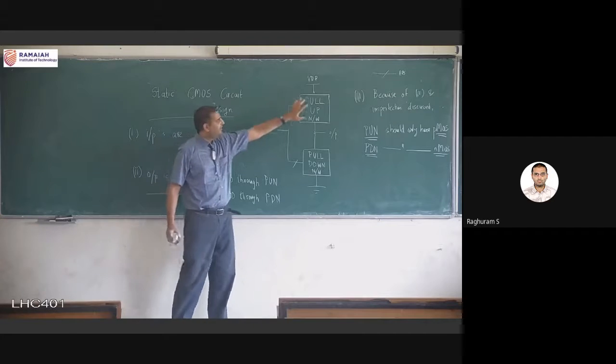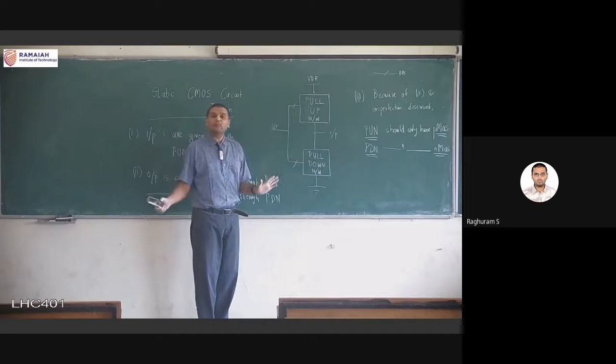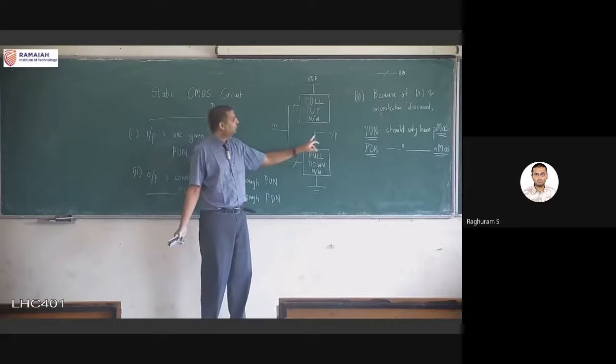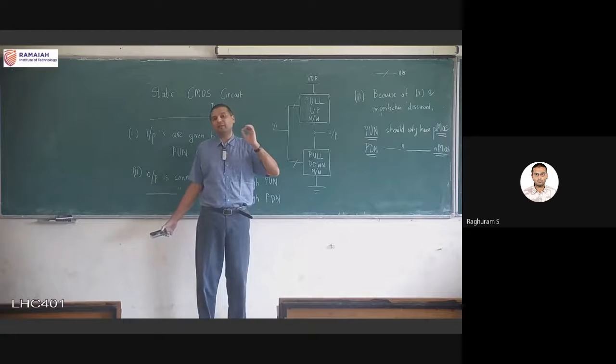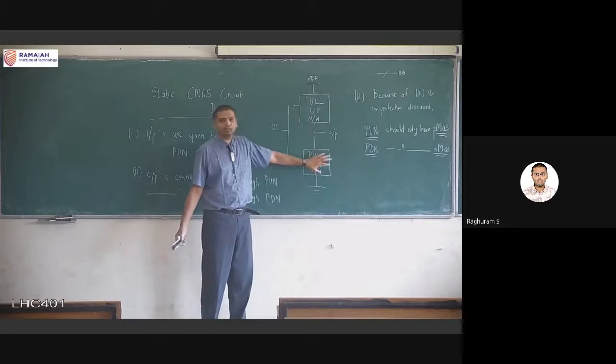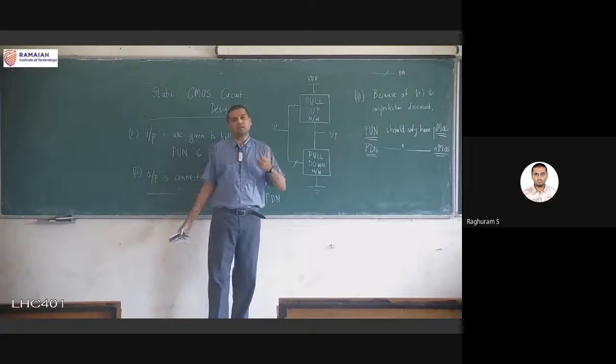But every transistor inside this has to be only a PMOS transistor, because anywhere if I put an NMOS transistor, the output might get stuck at a bad value. And same thing for the pull down network also. I can have 10, 20 transistors, no problem, but all of them have to be NMOS transistors. Any PMOS transistors here, and the output might get stuck at a bad value.